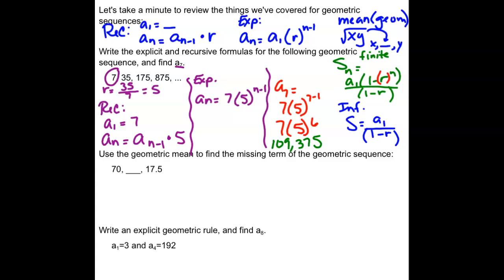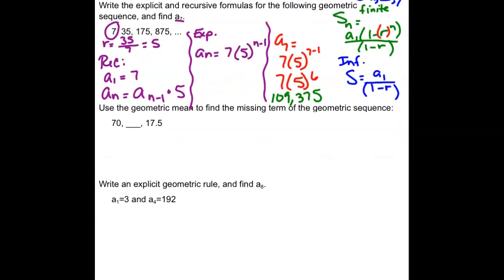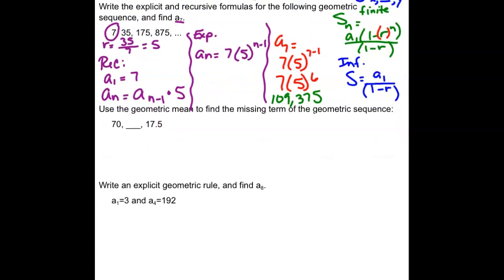All right. Next question. It says use the geometric mean to find the missing term of this sequence. So again, to find our missing number here, it could be positive or negative because we don't know if this sequence is alternating signs or not since we don't know the next number. We can find that missing one by just taking the positive and negative geometric mean.